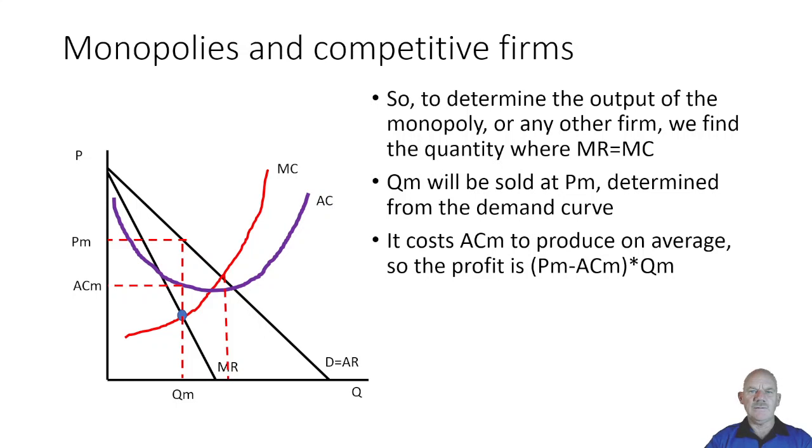So we called it QC earlier, and you can see that the demand curve or the average revenue is still above average cost. As long as average revenue is above average cost, then the firm will make a profit. So at that point, the firm is making a small profit. Competitive firms are also making profits.